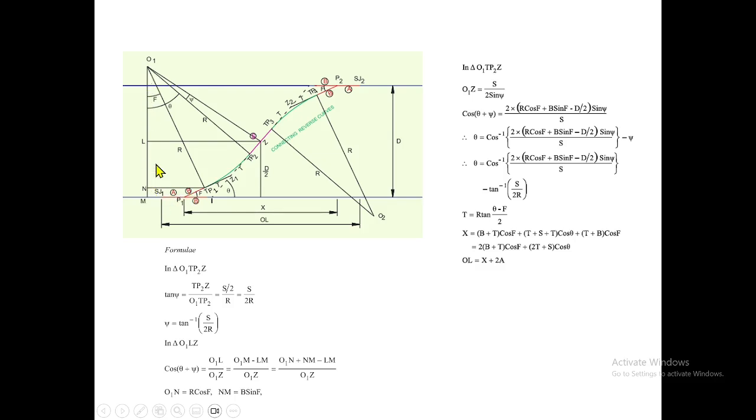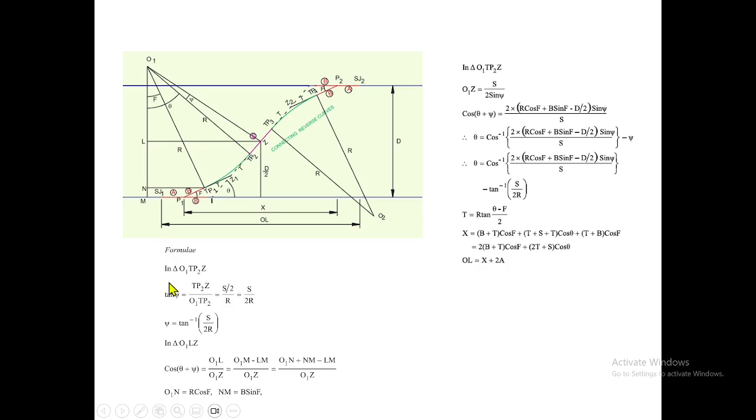We do it conveniently like that, because LM is d by 2, because it is the center, because of the symmetry. This is falling exactly in the middle of the track centers, so that is why LM equals d by 2. NM also we can find out because of this triangle, as done in the previous case. So this angle is F, this also F, and NM equals B sin f. From there we will be able to get O1L.